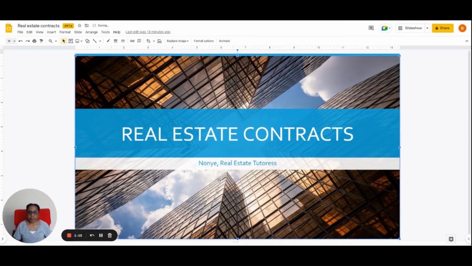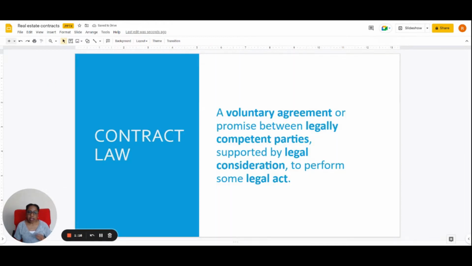All right. So in the next slide, it says on here that a contract is a voluntary agreement or promise. Now, look at those keywords because those are very essential to what we're talking about. It is voluntary, so anything that's entered into without your own free will is not a valid contract.